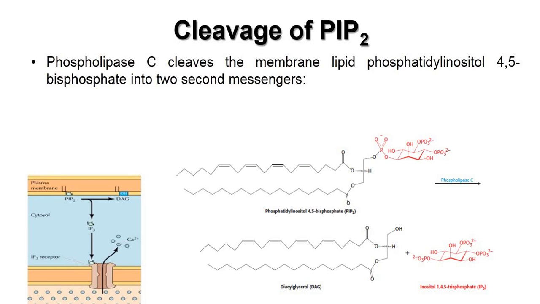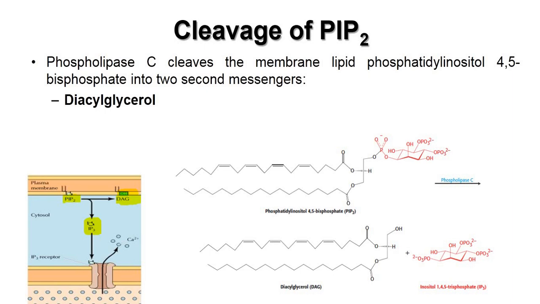You can see from the diagram that PIP2 is cleaved into 2 messengers. One will remain bound with the membrane, that is diacylglycerol. Another will translocate, that is inositol triphosphate. So phospholipase C cleaves the membrane lipid phosphatidyl inositol 4,5 bisphosphate into 2 messengers.